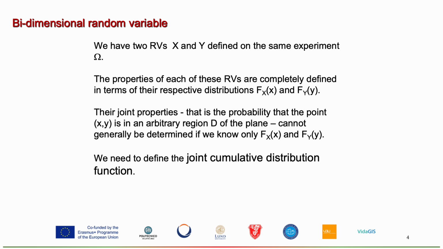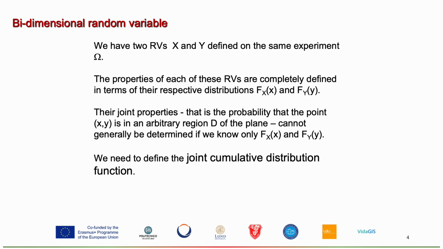We have two monodimensional random variables, x and y, that are defined on the same experiment capital omega. The properties of each individual one of these random variables are completely defined by giving their cumulative distribution of probability, so capital F of x and capital F of y.